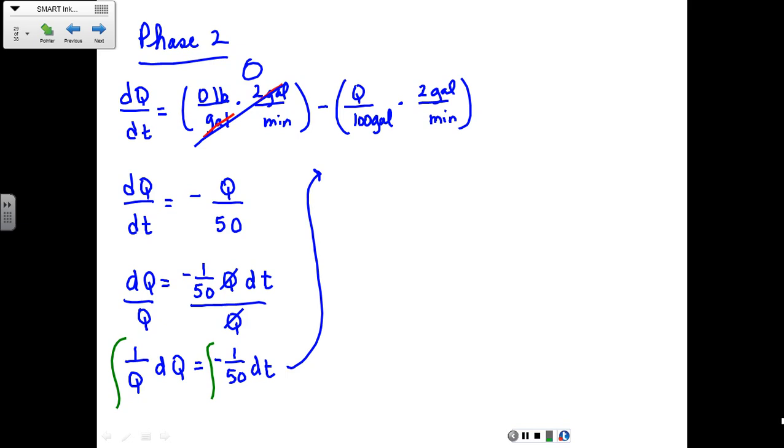What's 1 over q dq? What's the integral of negative 1 over 50 with respect to t? What do I need to do now? E thing?